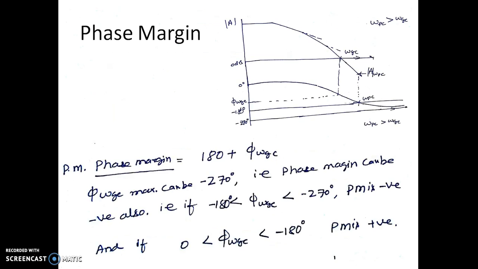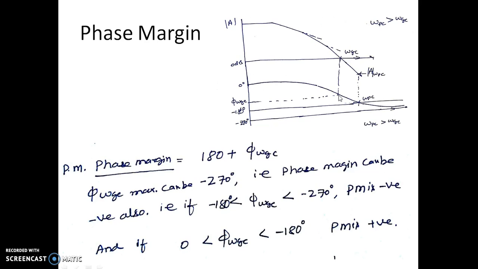Now let us try to define what this phase margin is. Since omega gc is coming before this omega pc, this phase happens to be something like minus 150, minus 160, and so on.